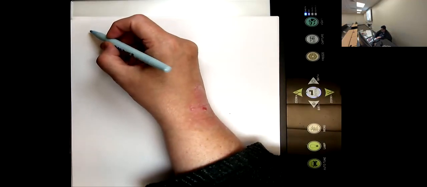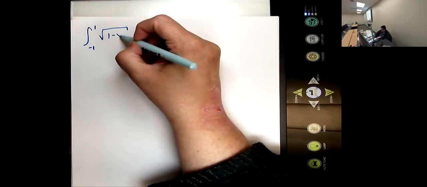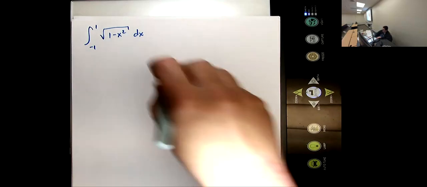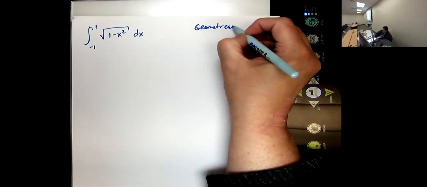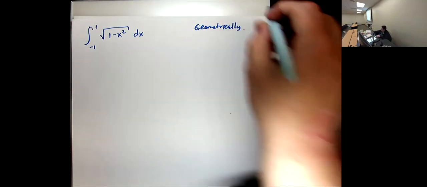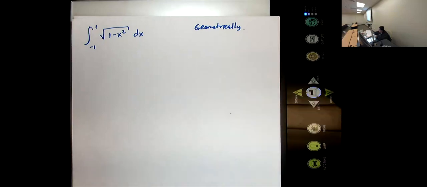All right. Your guys' job: the integral from -1 to 1 of the square root of 1 minus x squared dx. Just geometrically. In case you don't know, does anyone know what the geometry of that is?